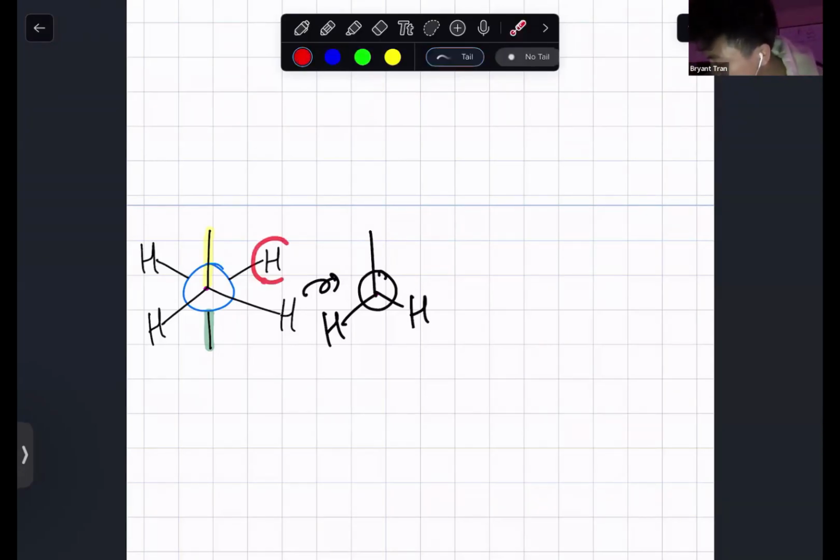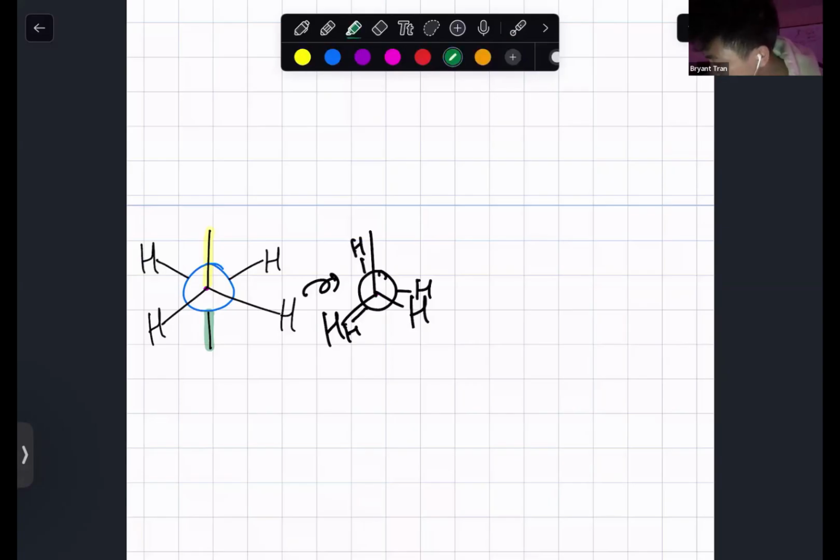Let's look at this hydrogen right here. I'm going to rotate it until it goes behind this hydrogen right here, which is going to be something like that. And then this methyl group here is going to be behind this hydrogen right here. This hydrogen here is going to be behind that methyl group right there.